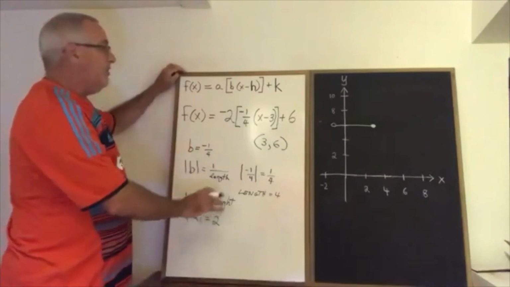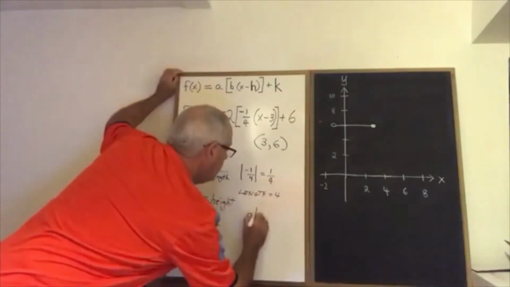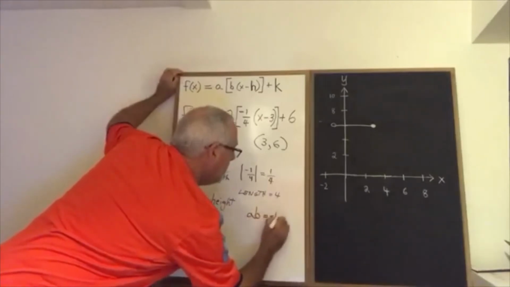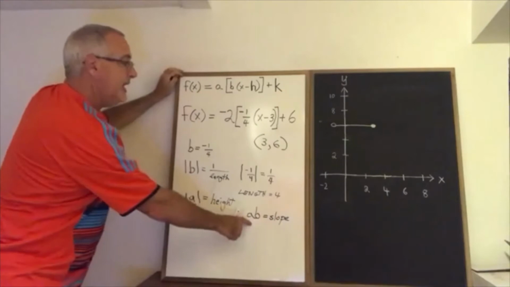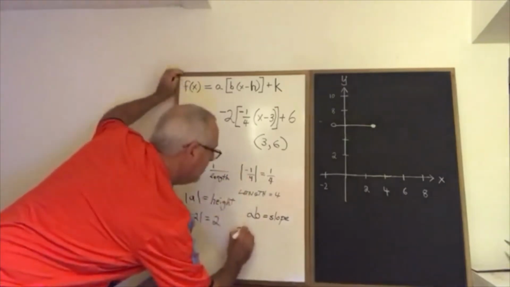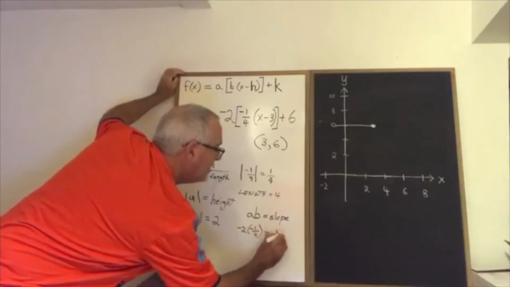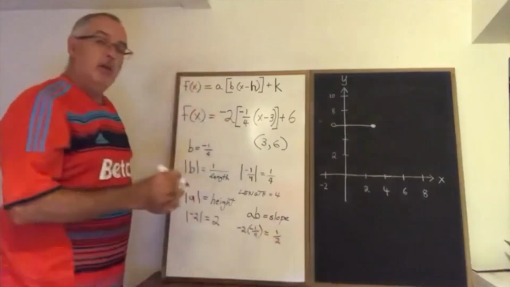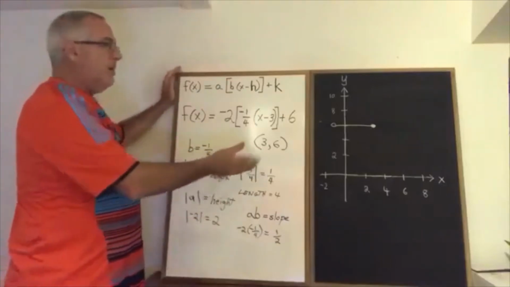And we find that out by finding the product of A and B. A times B gives us the slope. A times B in this case is -2 times -1/4, and it's equal to +1/2. I have a slope of 1/2. But you might be asking, wait, what slope?